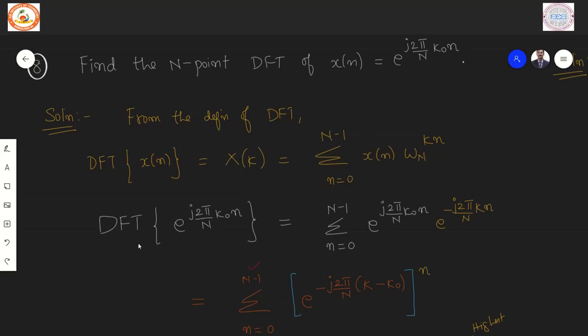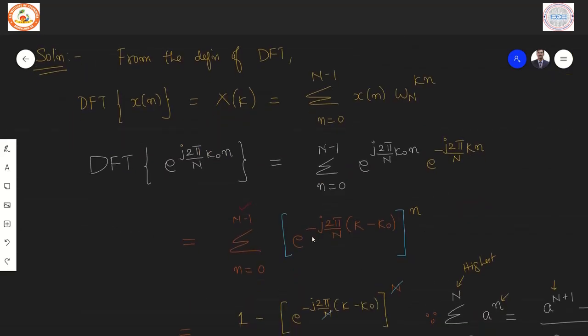The DFT of the input that is given, that is e power of j2 pi by N k naught n, can be calculated by replacing x of n with that particular input. Then the exponents can be combined to write it in the form of e power of minus j2 pi by N into k minus k naught whole power of n.